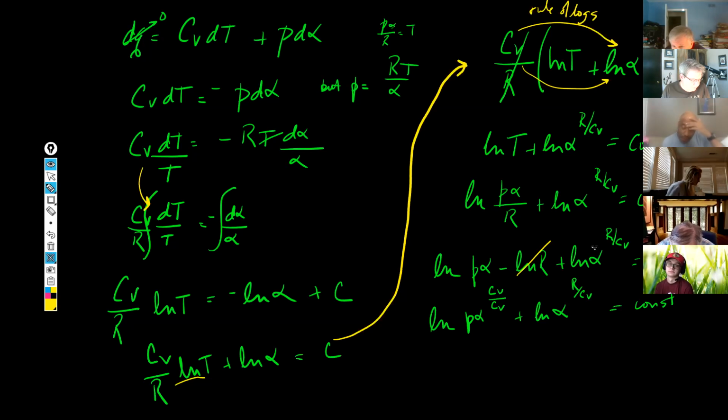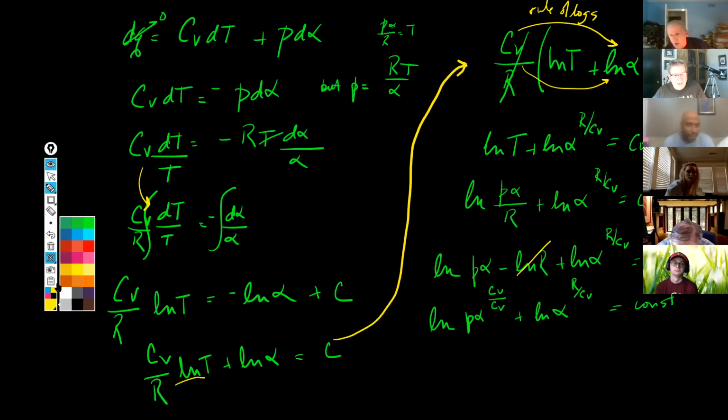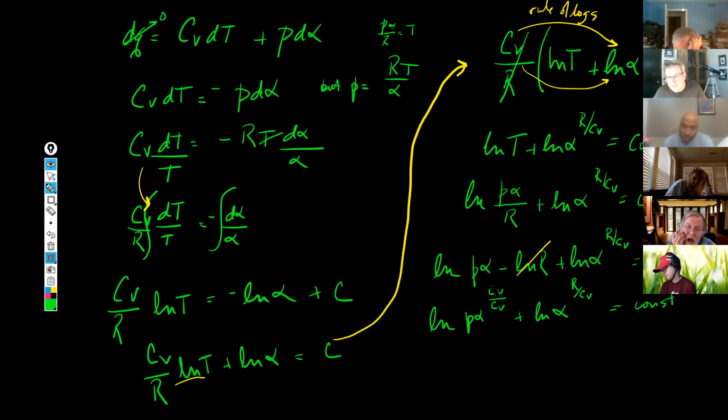How's that for a trick? You see what I did? I just took this to alpha to the CV over CV. Because when I do that, I can now take the rule of natural logs and I say the natural log of P alpha to the CV plus R all over CV equals a constant.